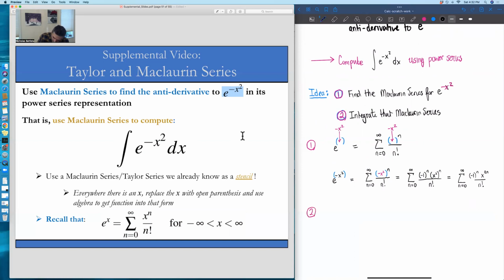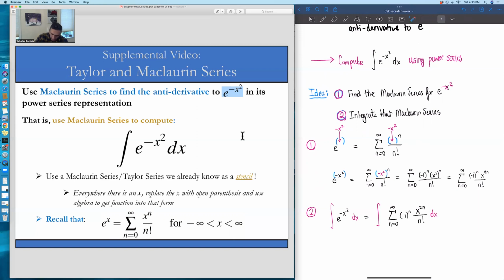So if we go ahead and integrate both sides, we have the e to the minus x squared. We have what it's equal to in terms of its Maclaurin series, minus 1 to the n times x to the 2n all over n factorial. And we're going to go ahead and integrate both sides of this equation, and integrating both sides with respect to the variable x.